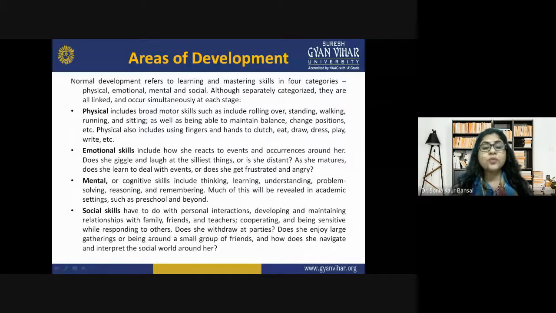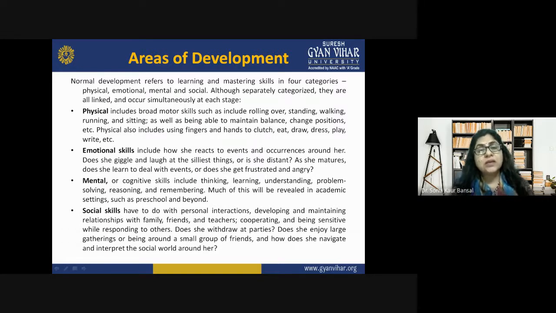We have to do personal interactions, developing and maintaining relationships with family members, teachers. All this developing of relationships is included in social skills, and being sensitive while responding to others, what to say and what not to say according to the occasion, really involves social skills.